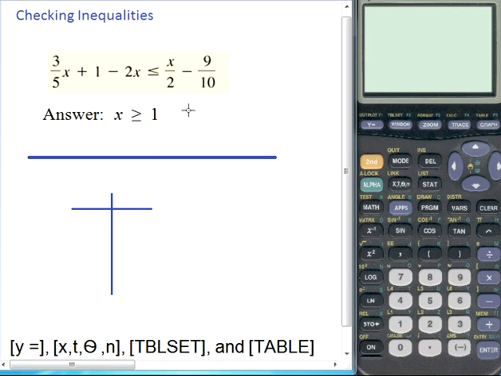In order to understand how to check an inequality, you really need to understand the graph of the inequality. And this inequality has a solid circle at 1.